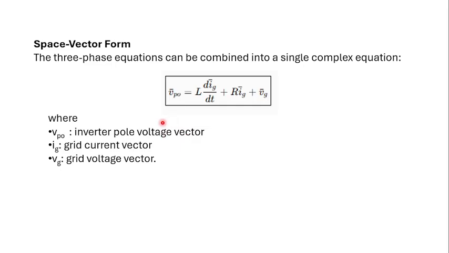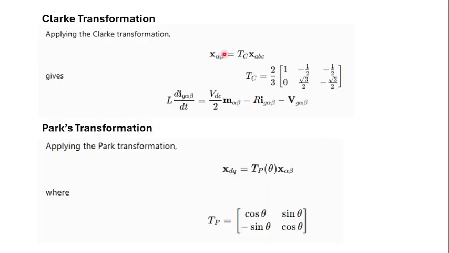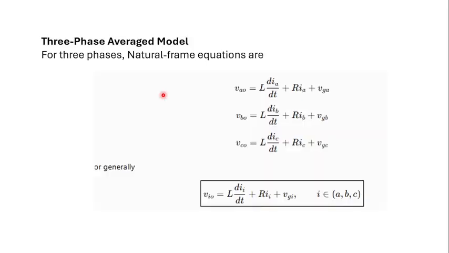This is the vector form, and by doing Clarke's transformation, x alpha beta is equal to some transformation matrix T into x ABC. This is for ABC to alpha beta transformation. So this ABC voltage is what we have seen here.